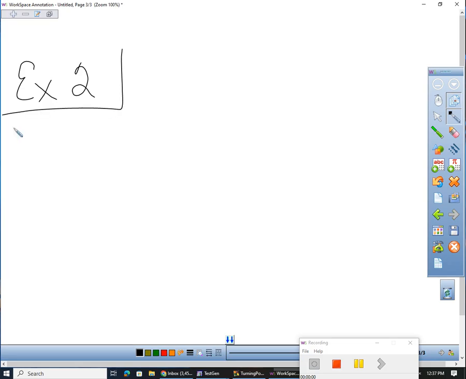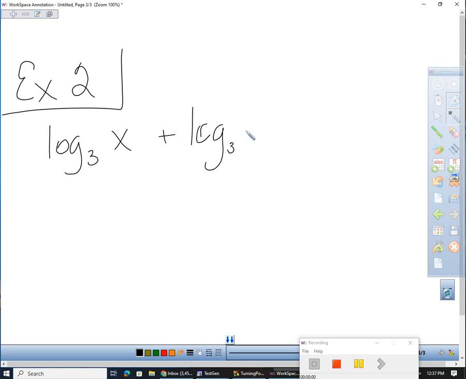Same problems for a second, but we're going to add in some variables. So let's say I have log base 3 of x plus log base 3 of y minus log base 3 of z. We're going to start with the first two.